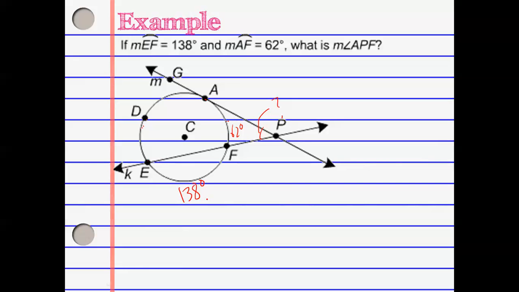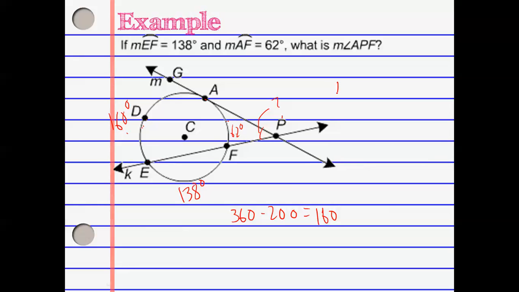So what we would do first here is take 138 and add it to 62, which gives us 200. And then we're going to take 360 minus 200, which is going to give us 160. So we know that the arc measure for this arc is 160 degrees. So now we just take the bigger arc minus the smaller arc.